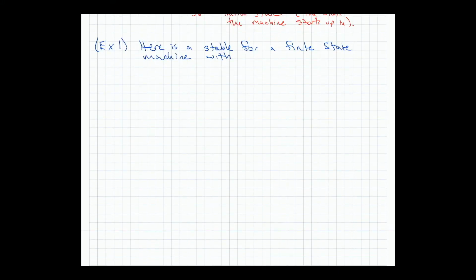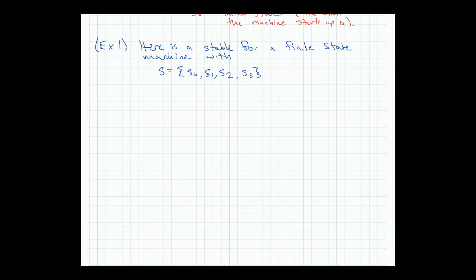So what do we need? If I say S equals, and it's just a set here, so I'm just listing them, S0, S1, S2, S3. All right, so we've got 4 states, S0 through S3.